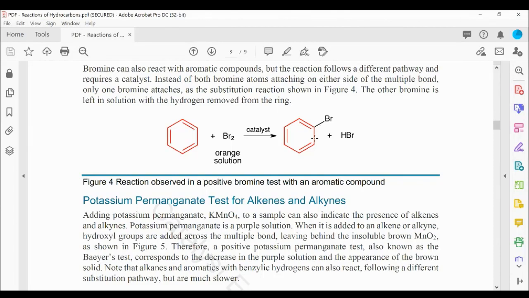This is called a substitution reaction. It's completely different than the one that I showed you, where the double bond broke, opened up, and two bromine atoms were added to the molecule. In this case, the pi bond is still there. So this is called substitution, and you need a catalyst and different conditions. So for the purpose of our tests, aromatics are negative. That's why I think this reaction is confusing here, but because it's here, we talk about it.